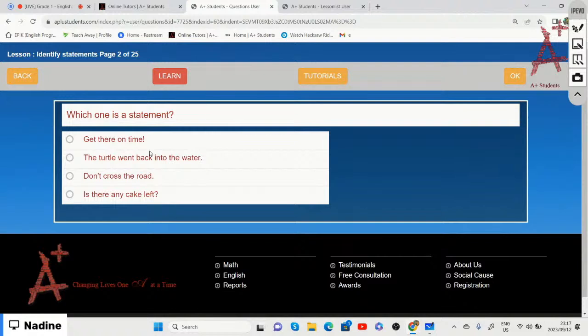The turtle went back into the water. Don't cross the road. Or is there any cake left? So we need to say if one of these is a statement.